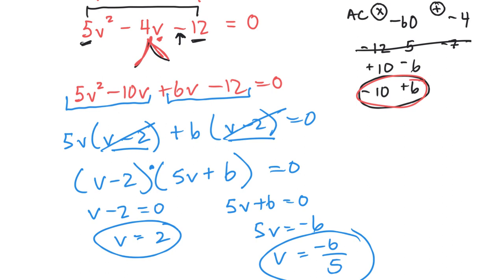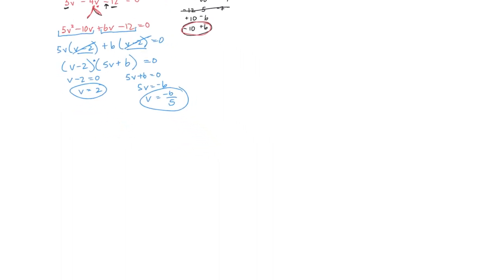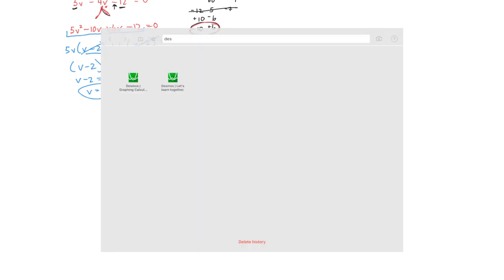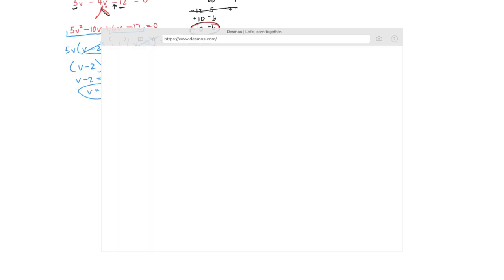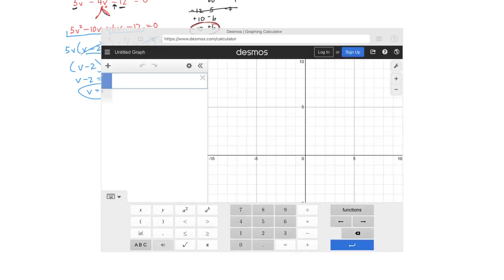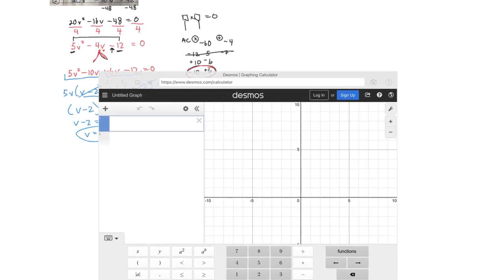Let me maybe try and show you, I don't know if I'll be able to, on Desmos how you could check that. Let me insert a browser. Let's go to desmos.com. Okay, graphing calculator, here we go. So, 20v squared. All right.